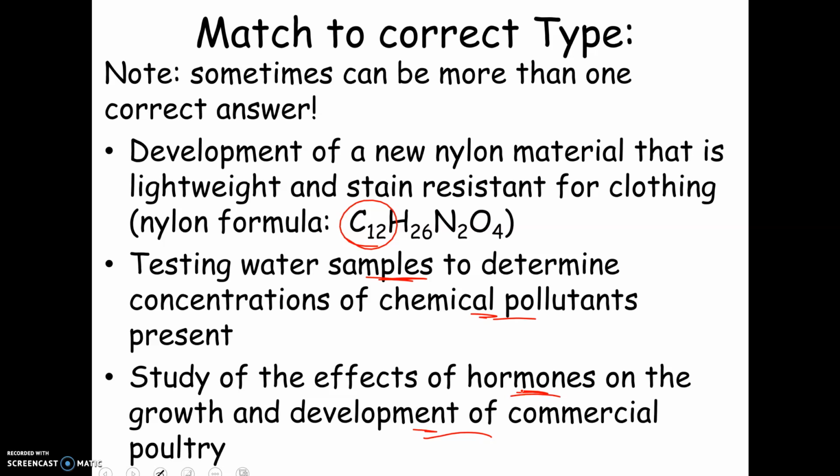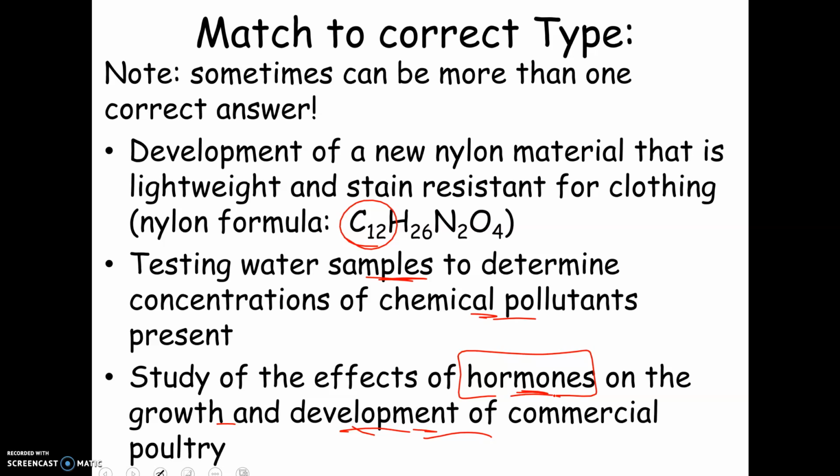And if we test you on this, like if it was a free response, we would definitely accept different answers if you could defend it. You know, if you explained, well, I chose biochemistry because it had to do with living things. Or if somebody else said, oh, well, I chose organic because I know that hormones are carbon-based compounds, I would accept that because technically, again, a lot of these sort of overlap, and there's even more branches we didn't discuss.